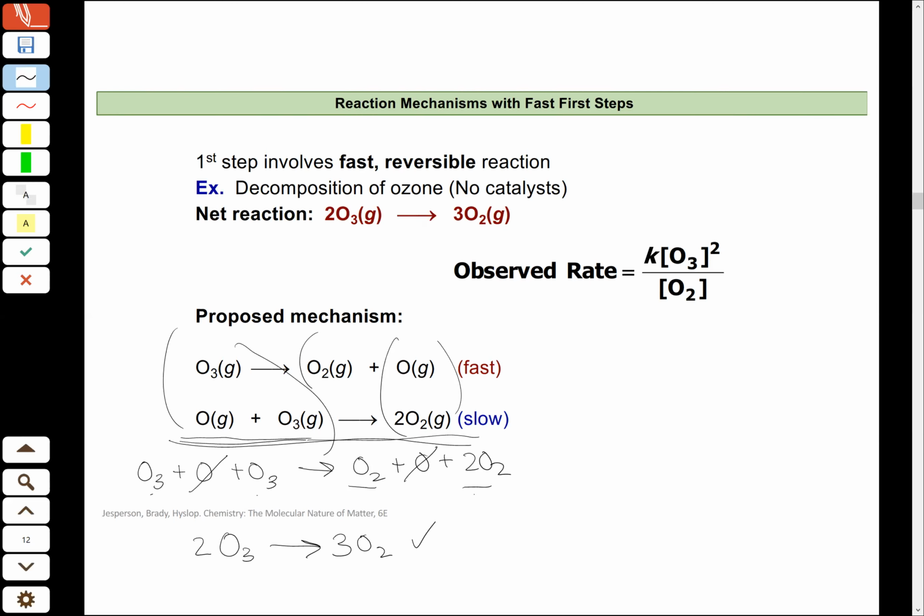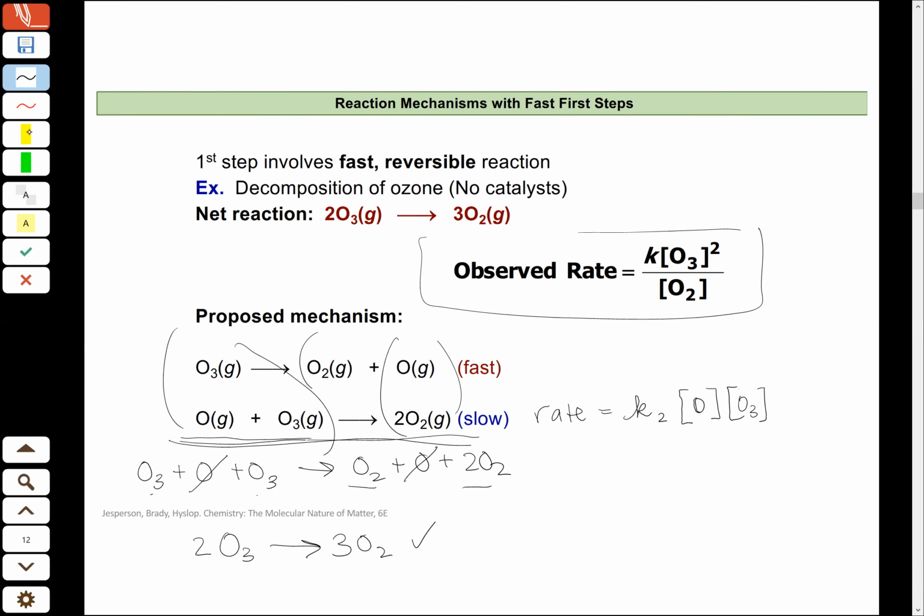Now I'm going to try to figure out what my rate law is actually going to be. So for this reaction, we have an observed rate law that looks like this, which looks a little complicated. And we have our rate law for our elementary slow step is going to be equal to K, our rate law constant, times the concentration of oxygen, the single atom, times the concentration of O3.